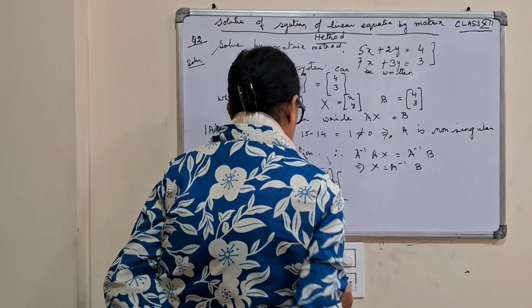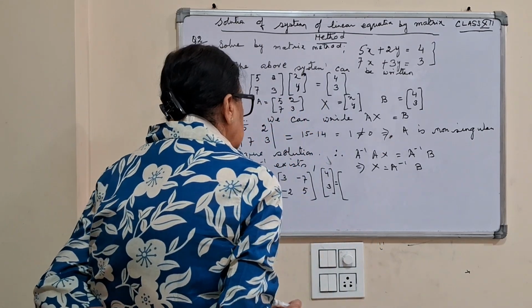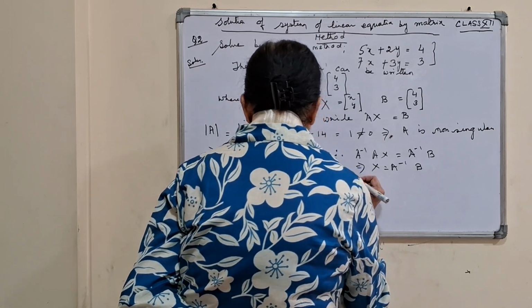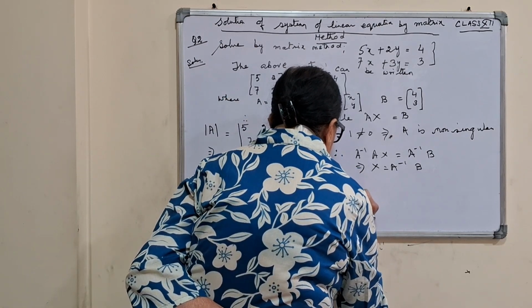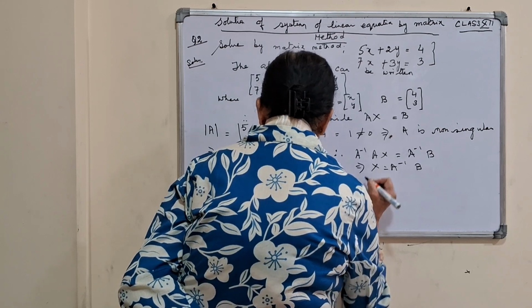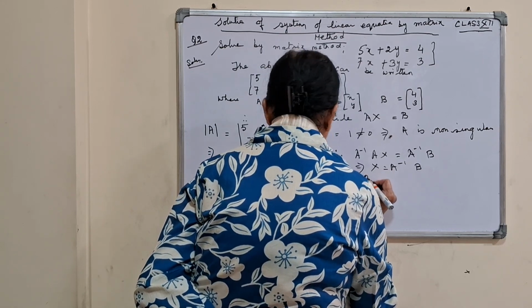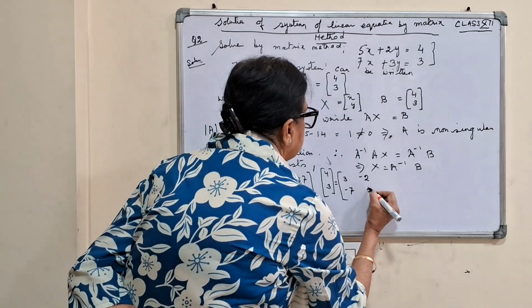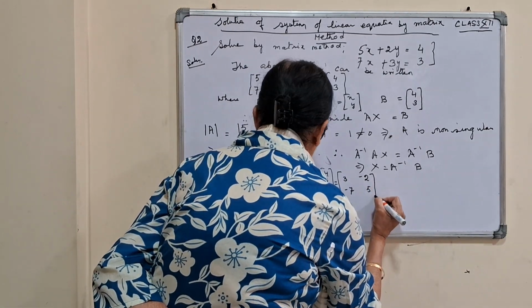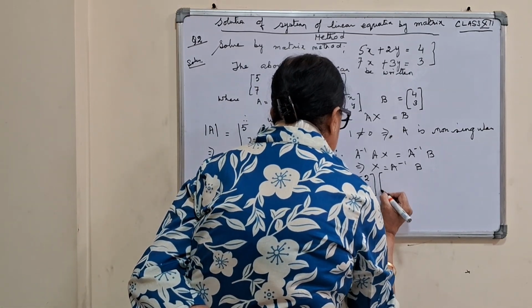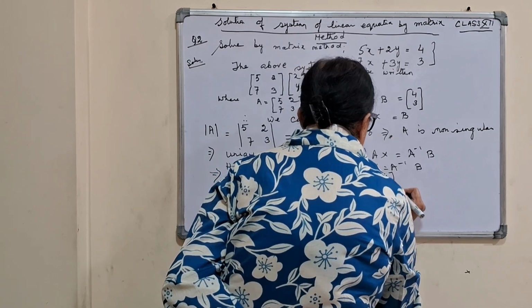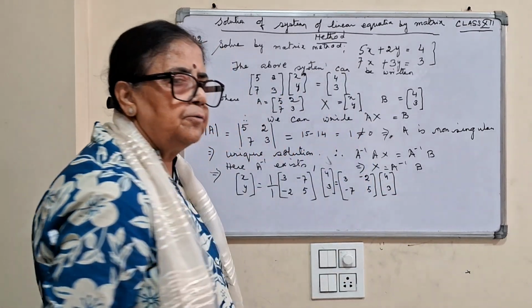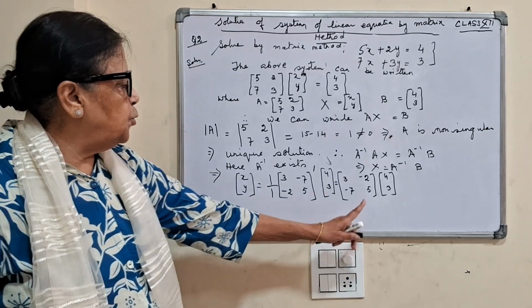That is equal to, here the transpose is 3, minus 7 and minus 2, 5, into the other matrix 4, 3. Yes, this is 4, 3.